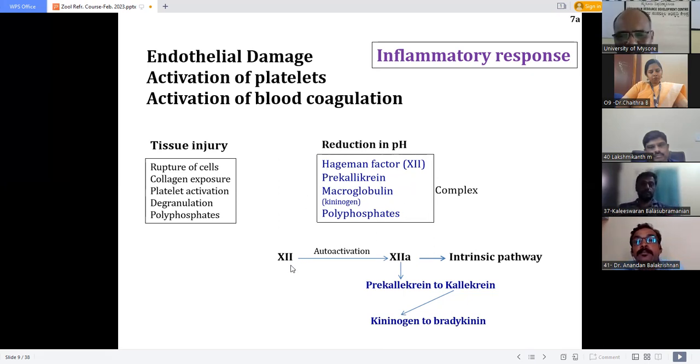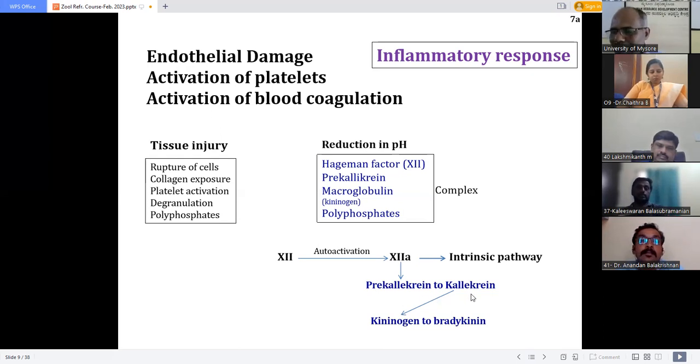In that, Hagemann factor autoactivation takes place due to the reduction in pH and formation of the complex. So factor 12A is formed. 12A is the starting component for the intrinsic pathway coagulation event. And in addition, factor 12A also activates prekallikrein to kallikrein.